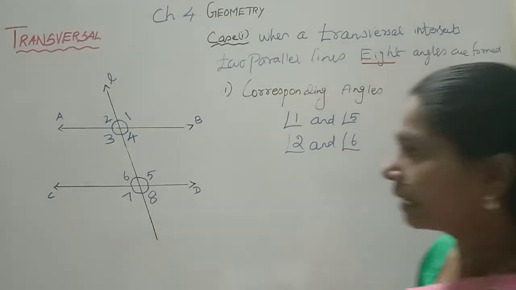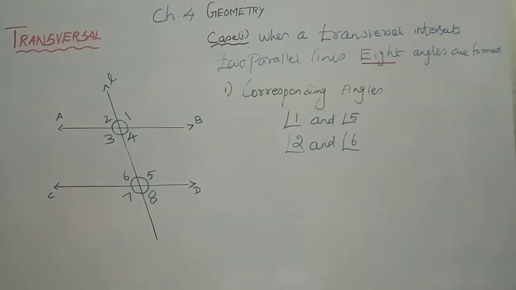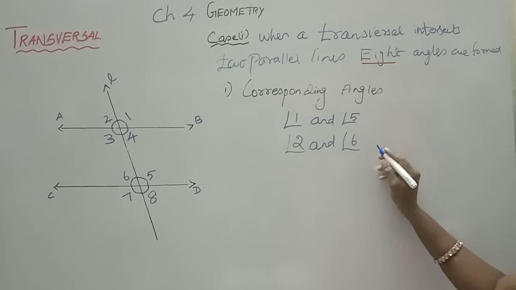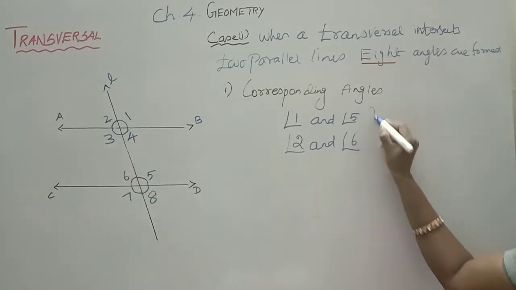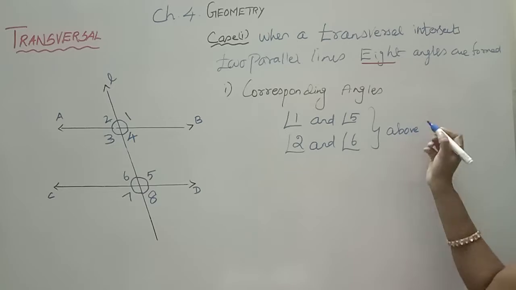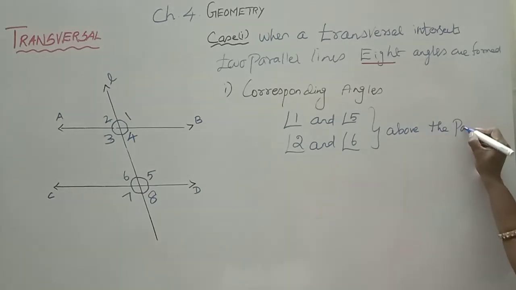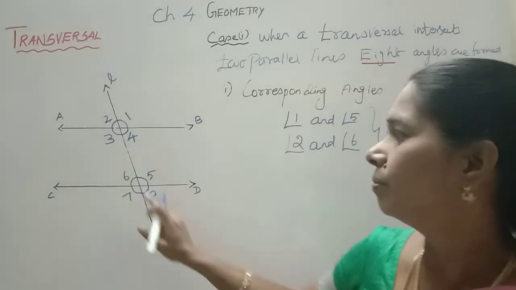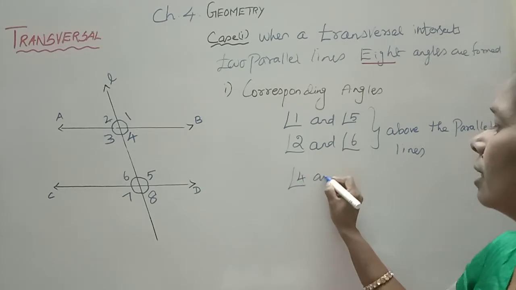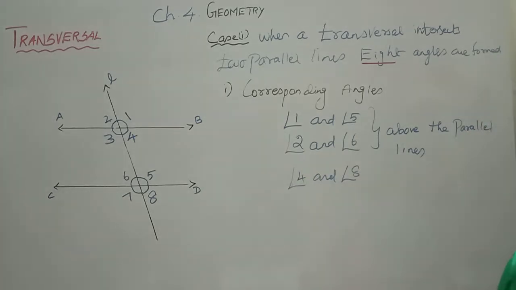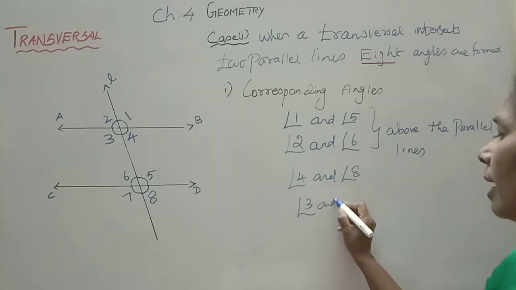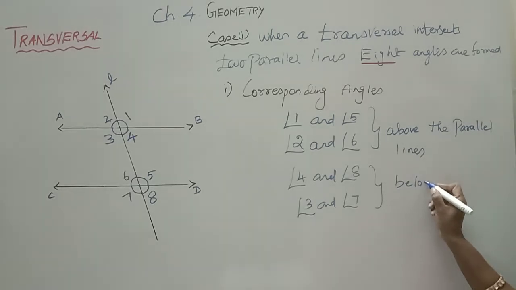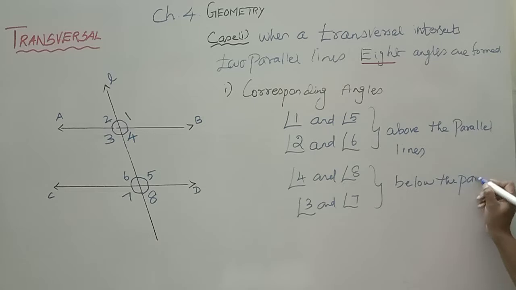And now come to the lower line. Angle 4 and angle 8, and angle 3 and angle 7 are also corresponding angles. These lie below the parallel lines, while angle 1 and angle 5, angle 2 and angle 6 lie above the parallel lines.